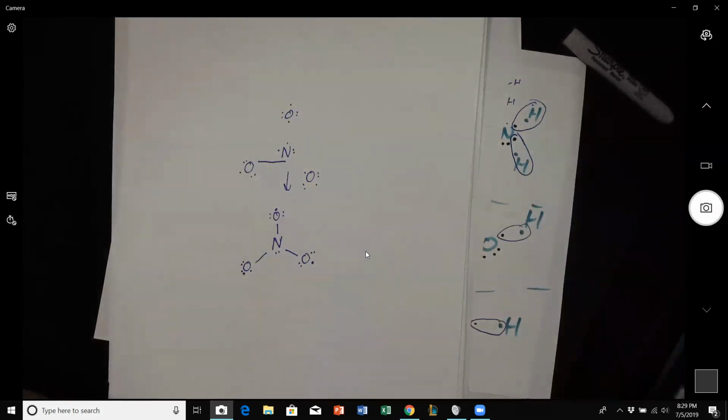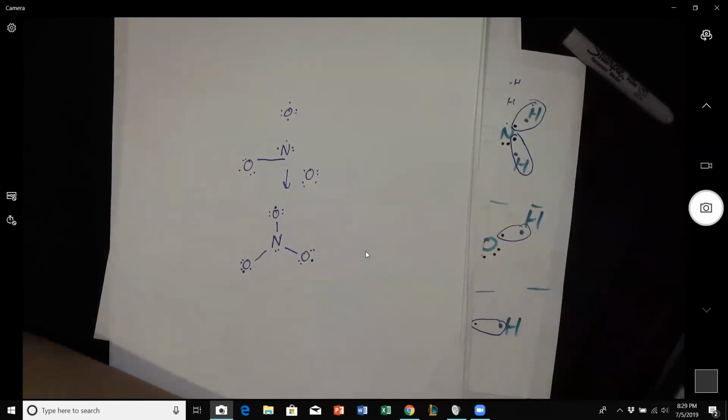Now remember that the nitrate ion is 1 minus. So what does this mean? How many electrons should we add or remove? We need to add 1 electron to the molecule because the overall molecule is 1 minus.